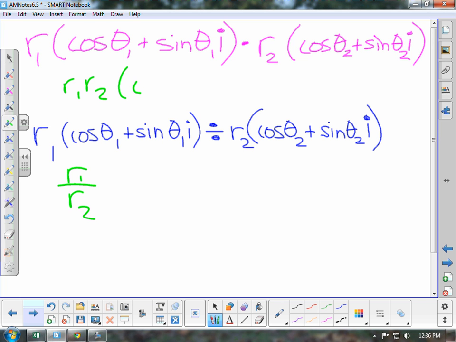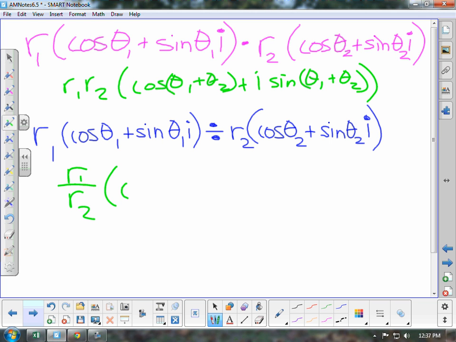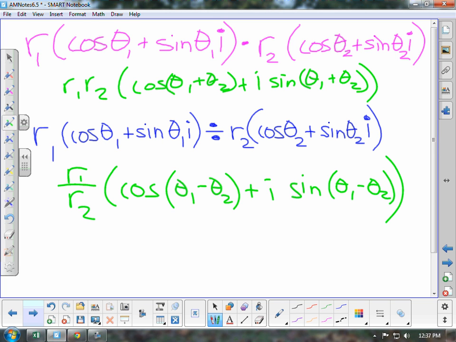And then we had cosine theta 1 plus theta 2 plus i sine theta 1 plus theta 2. And so for division, it would be cosine of theta 1 minus theta 2 plus i sine theta 1 minus theta 2. And then just simplify it down.